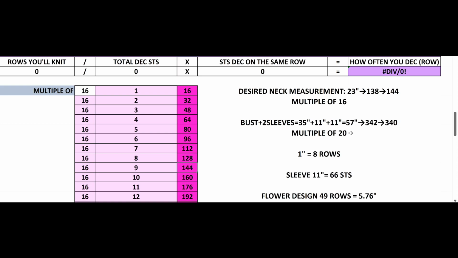This is the goal measurement, which is supposed to be at the end of my yoke. Then why do you have to have this number? Because if you have this stitch count, you know how many stitches you have to increase, right?